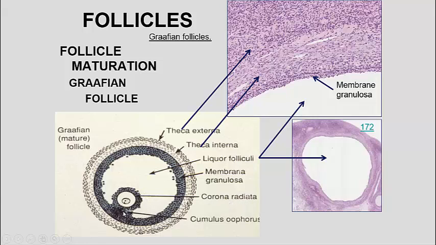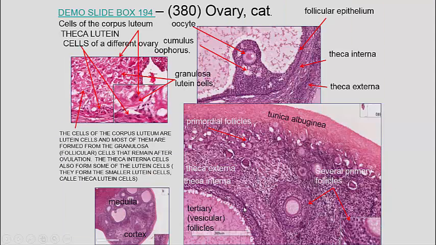These are cells associated right around the egg itself, and the zona pellucida would be right in that spot. And that little hill is the cumulus oophorus. And so if we look at that, we can see the cumulus oophorus here, we can also see the corona radiata cells and the oocyte in the very center. These are follicular cells or granulosa cells, the theca interna and the theca externa as well.